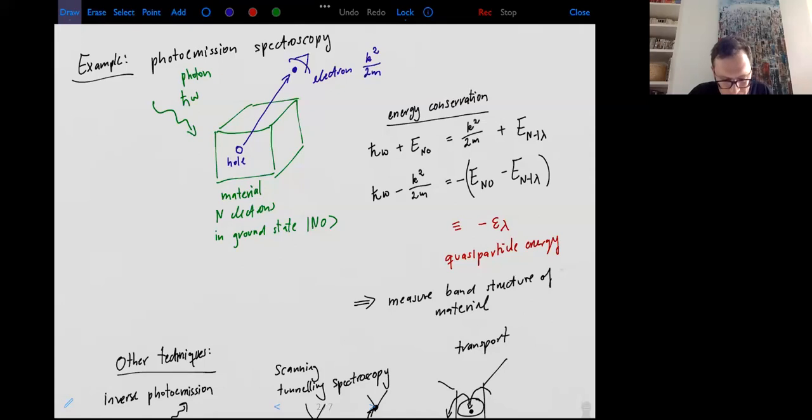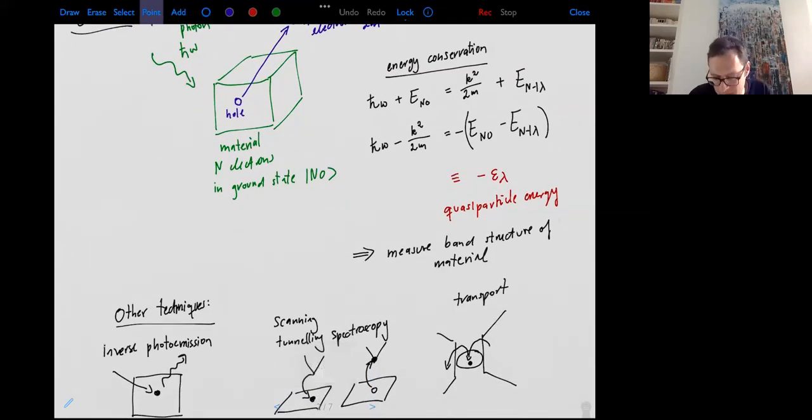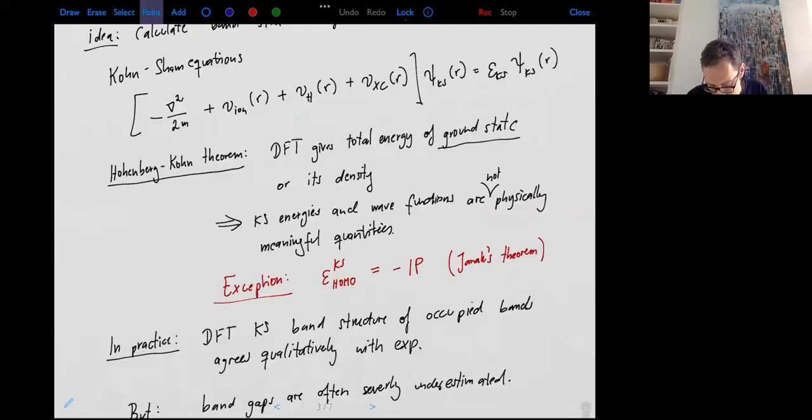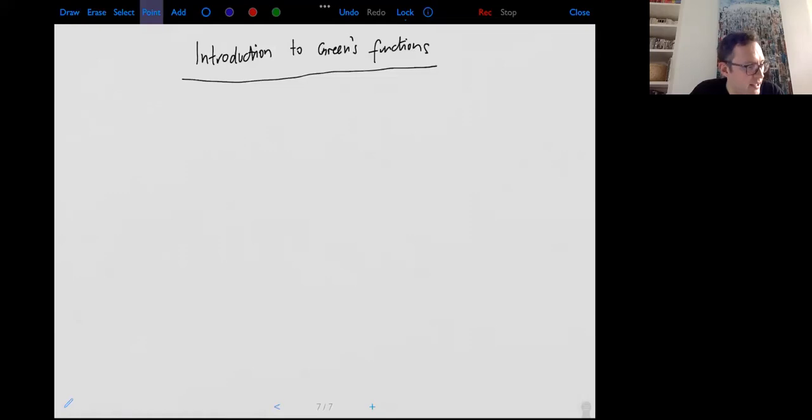So we said we start with the ground state, and then we introduce an electron or a hole into the material, and that then is relevant to photoemission spectroscopy, scanning tunneling spectroscopy, transport, and many other things. And quantum mechanically, this then connects us to this concept of a field operator.